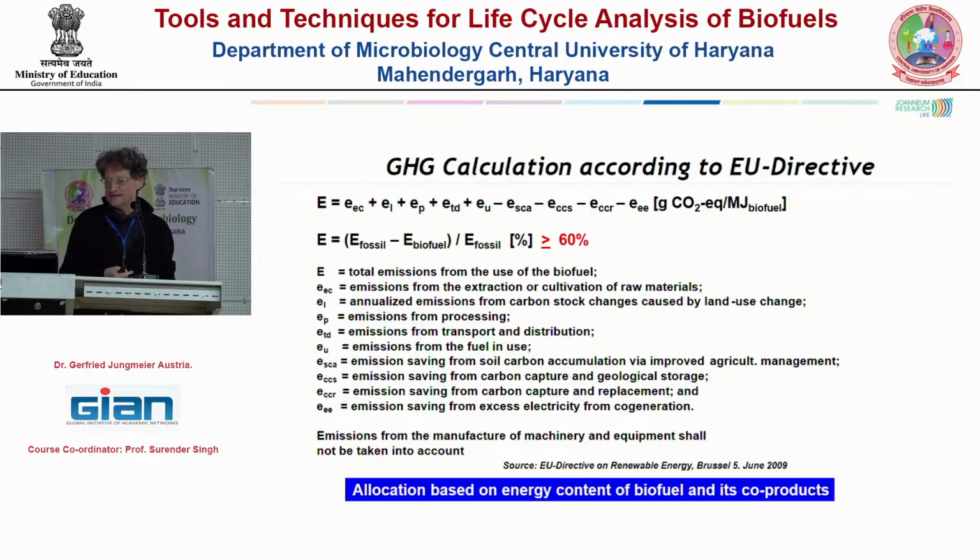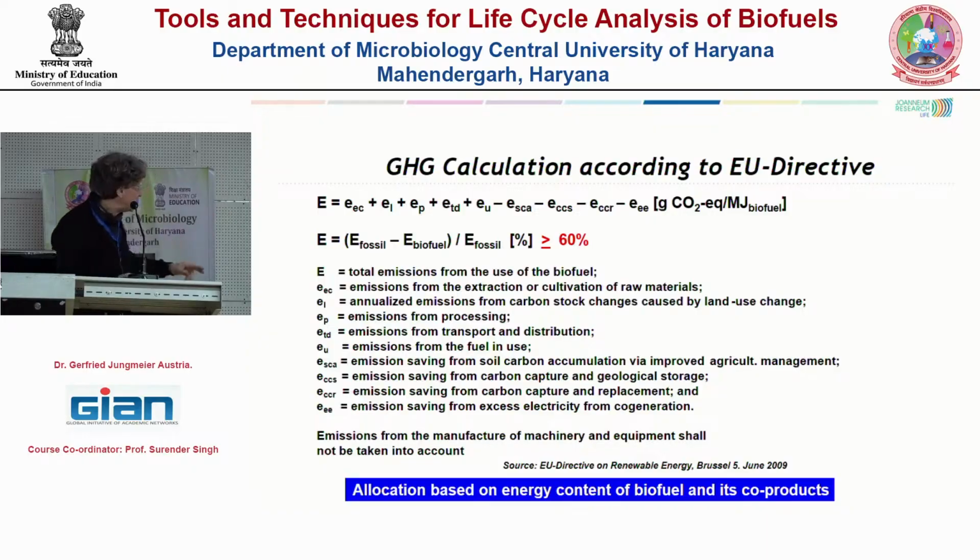From this year on, it's 65%, that the fossil emission should be reduced by 60%. The main simplification in this methodology is, on one hand, that they apply only energy allocation, which in most cases gives you lower greenhouse gas emissions than the substitution approach, but this is for simplification.